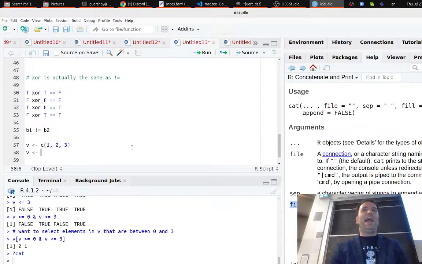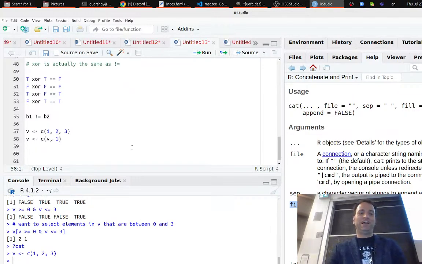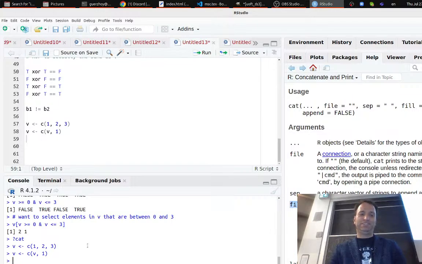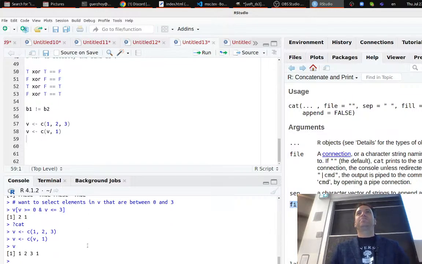This is not really adding an element to a vector, because it makes a new vector and puts it back in V. But it probably answers your question: yes, you can do this. Whether you can mutate a vector in R, to be honest, I'm not sure. Again, you shouldn't do it anyway.